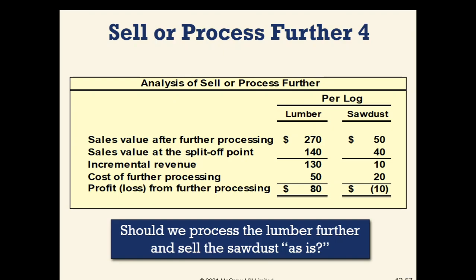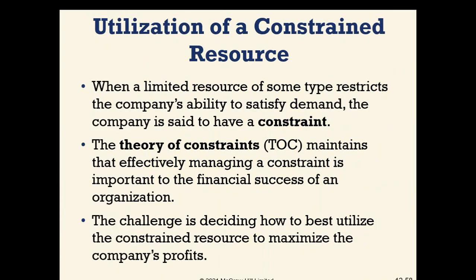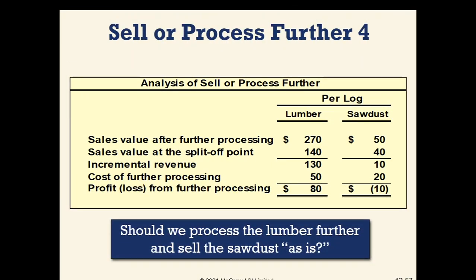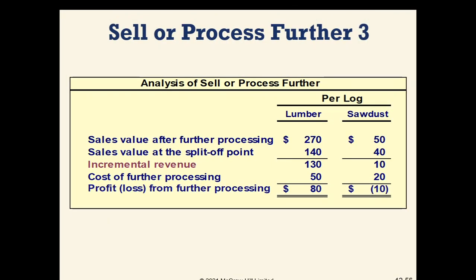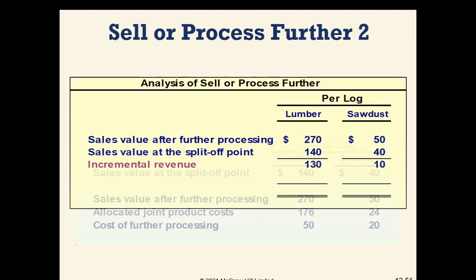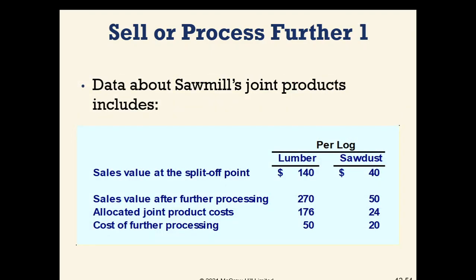So looking at this, we can see that the lumber should be processed further, but the sawdust should be sold as is. So one other thing I'll mention here is that we did omit the allocated joint product costs because they are irrelevant to the decision. Okay, those are incurred either way because they occur before the split off point.